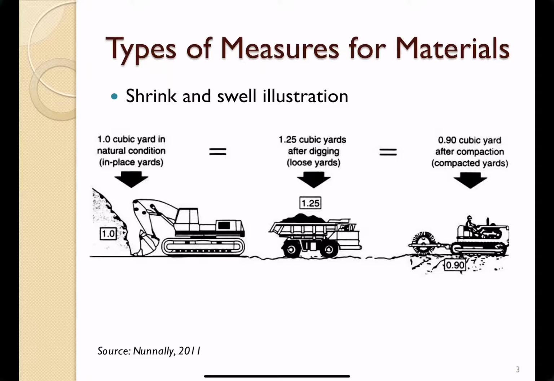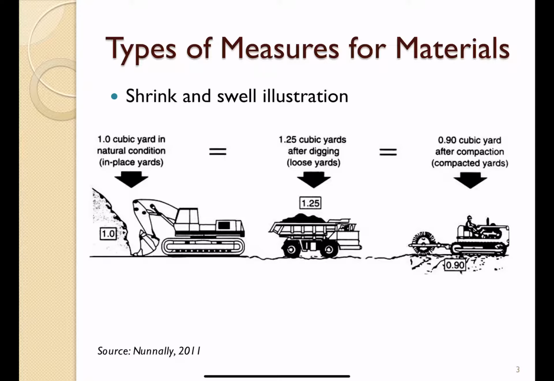So at the natural condition, the volume is, for example, 1 cubic yard. You see on the left side the natural condition in place, so we got BCY 1. Then we disturb it with the excavator, etc., and put it on the dump truck, the volume increases, and that we call loose cubic yard.